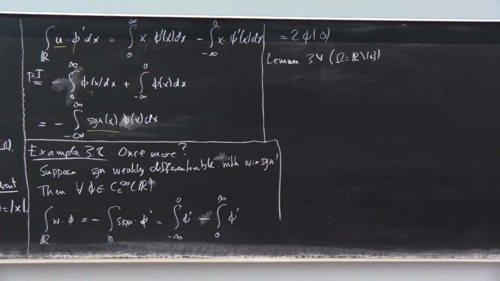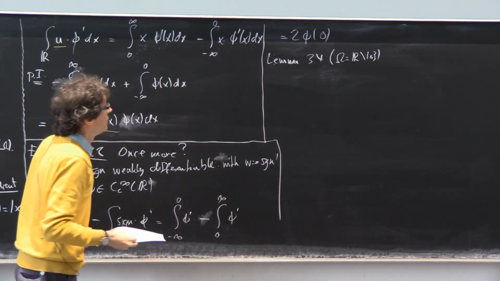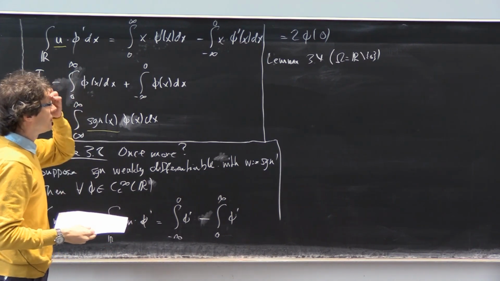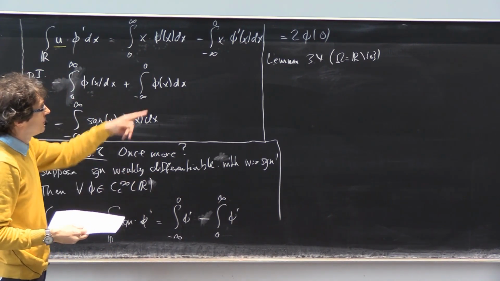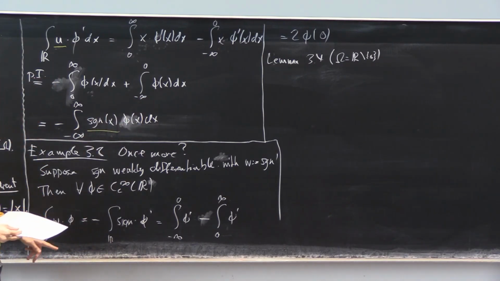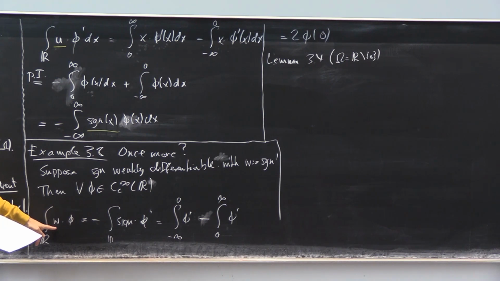So take this open subset. Then what you find is, on omega, if you have a C_c infinity function on this set omega, then phi of 0 is 0, because 0 doesn't belong to the set. So this is always 0.